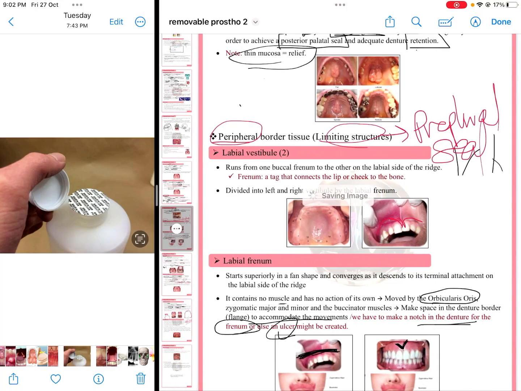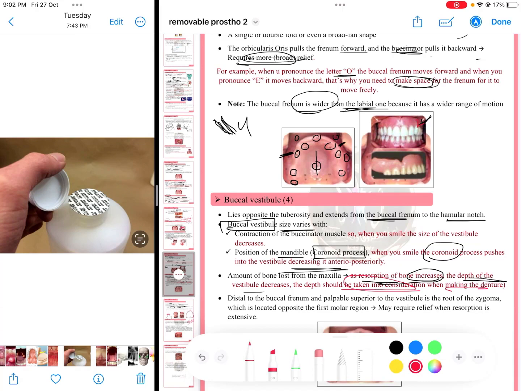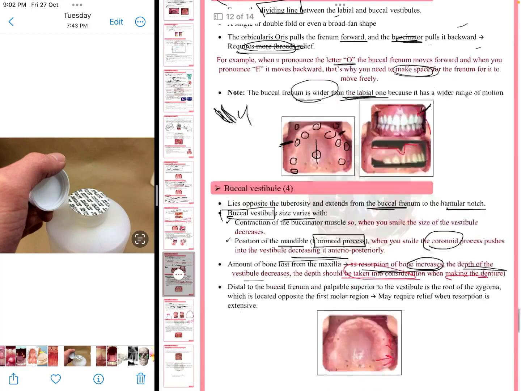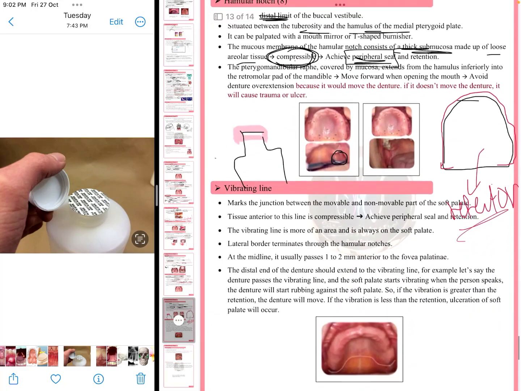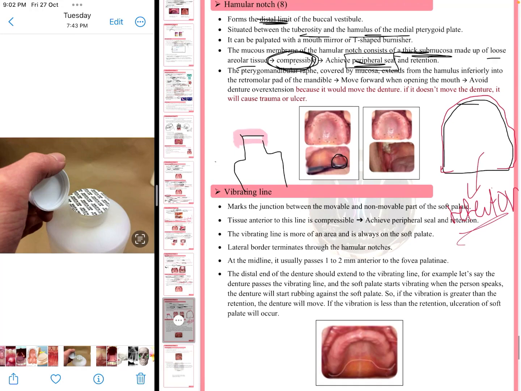Then in the buccal area I will also make a notch and continue extending. Now the distal limit of my denture is at the hamular notch, and we will make the denture enter this area because it's compressible. I can press the denture there and it gives me a lock, the seal and the retention.